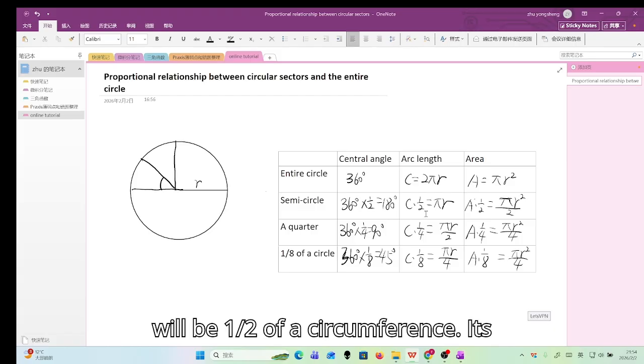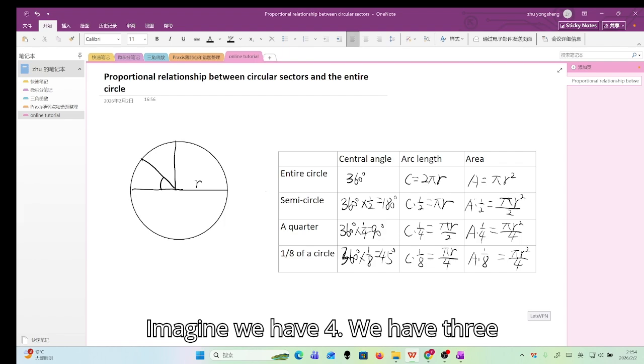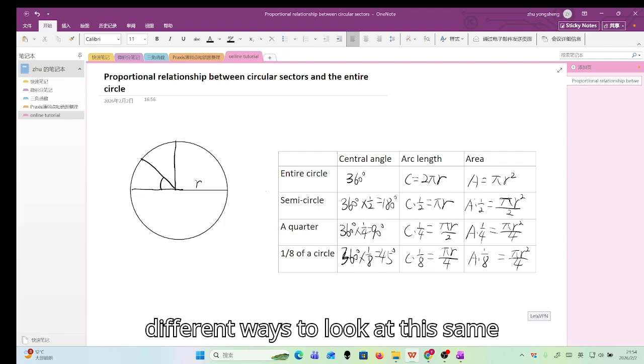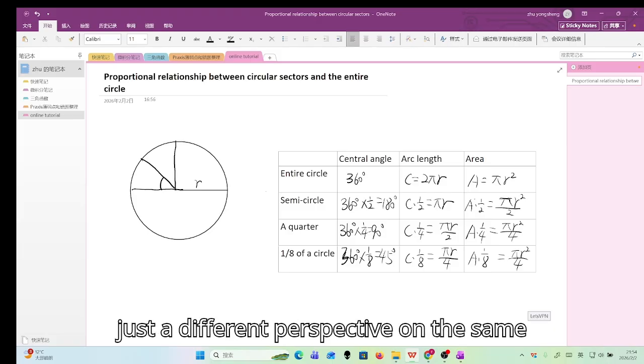Its arc length will be 1/2 of the circumference. Its area will also be 1/2 of the area of the whole circle. So imagine we have 3 different ways to look at this same slice of the circle. Each ratio is just a different perspective on the same proportionality.